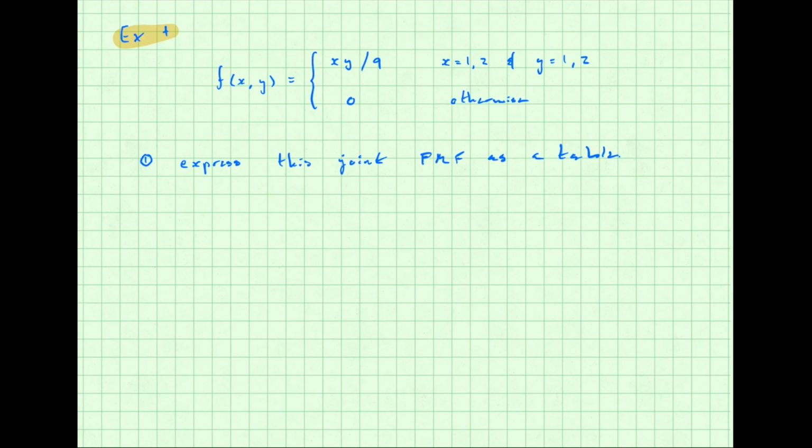We're trying to introduce a table that looks like a little bit of a matrix. So it's going to have rows and columns. And in the corner up here, we write f of x, y. This is sort of just the name of the table. It's telling you what values we're actually tabulating.